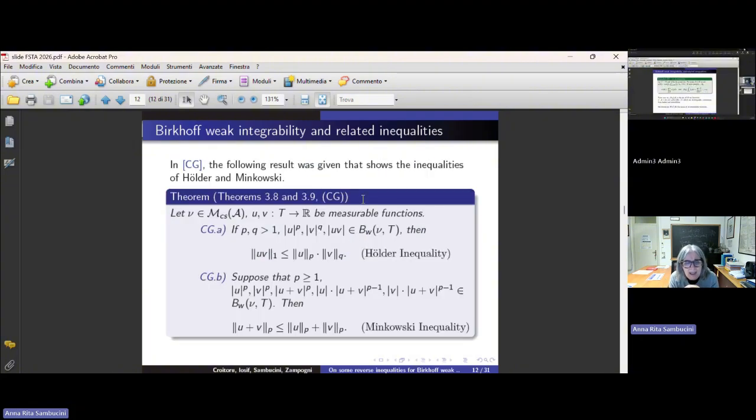In this setting, when p is greater than 1, the Hölder inequality holds for conjugate indices and for measurable functions whose p and q powers are Birkhoff-weak integrable, while the Minkowski inequality is true for p greater or equal to 1 if these functions considered and their powers are, by assumption, Birkhoff-weak integrable.